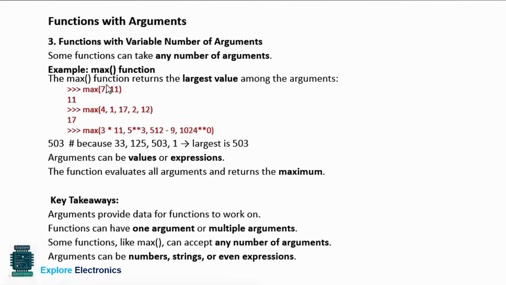In the beginning I took only one argument, then 2, then 5. And some functions like max can accept any number of arguments. Max will find the maximum among the given arguments, which means it can accept multiple arguments.